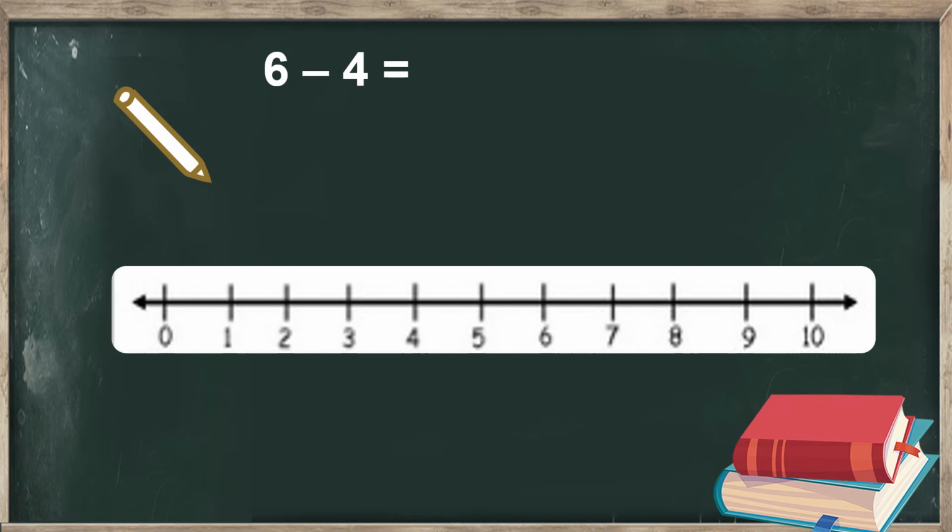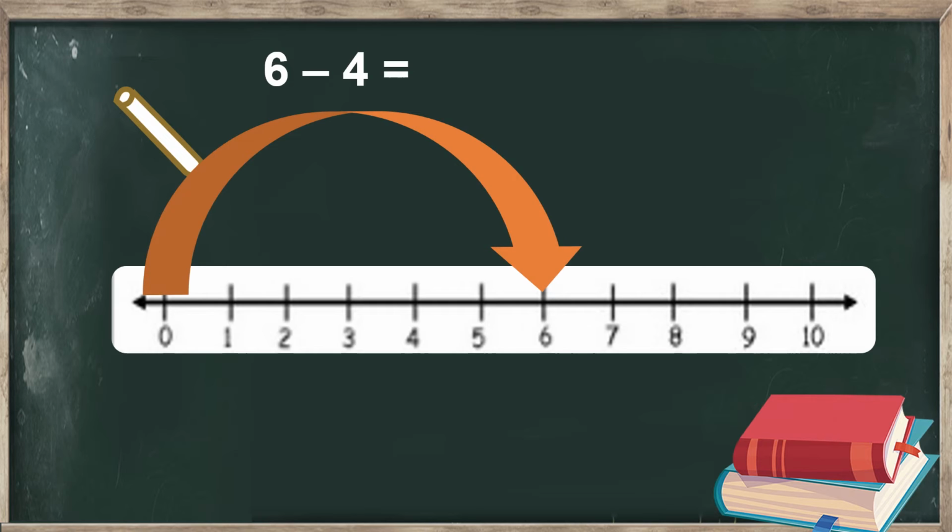6 minus 4. First number in the question is 6. So we will move from 0 to 6. Now minus 4. We have to minus 4. We will move 4 steps backward.